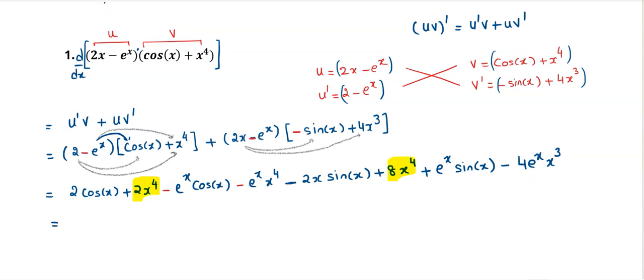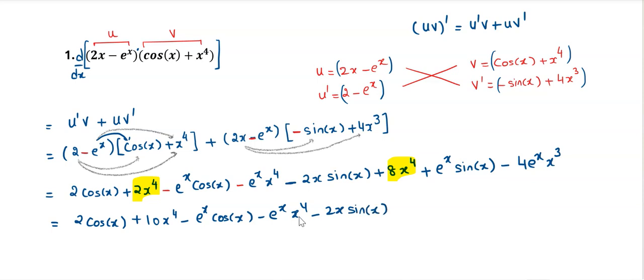So your final answer will be 2 cos x, and 2 plus 8, 10x power 4, minus e power x cos x, minus e power x x power 4, minus 2x sin x, plus e power x sin x, minus 4 e power x x power 3.